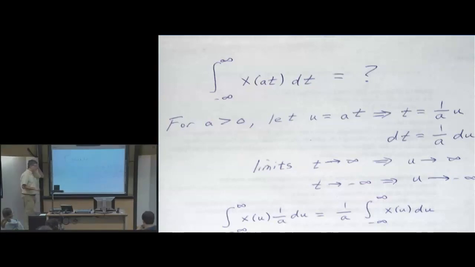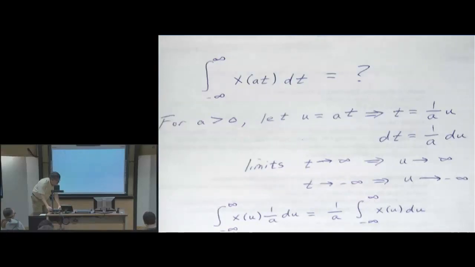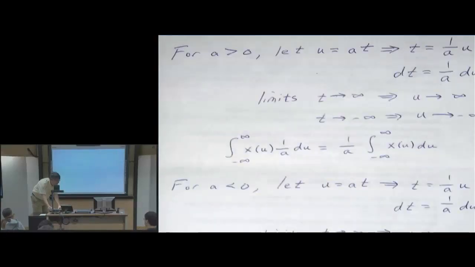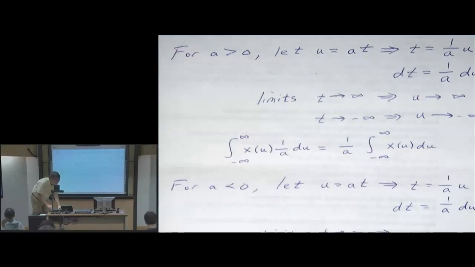When a is greater than 0, we can just use substitution of variables. Let u be our new variable, simply what is in the argument, little a times t. If we isolate t, it's t equals 1 over a times this new variable u, and dt is 1 over a times du. The limits of integration stay the same, minus infinity to infinity. So that gives us the outcome for when a is positive.